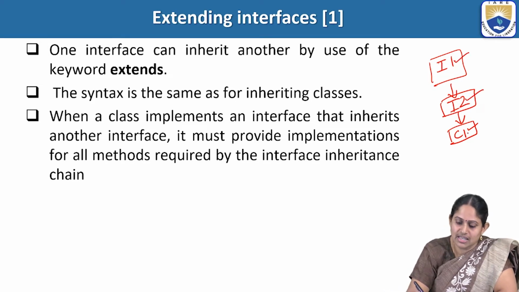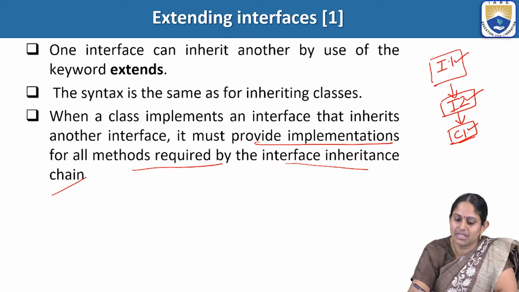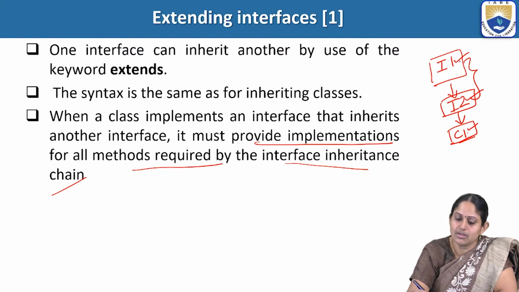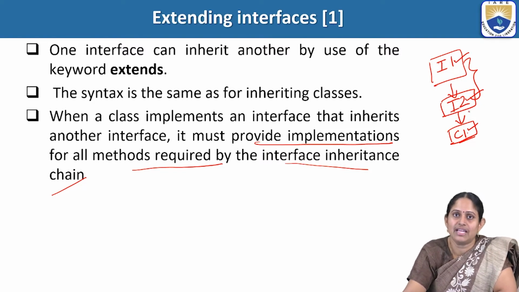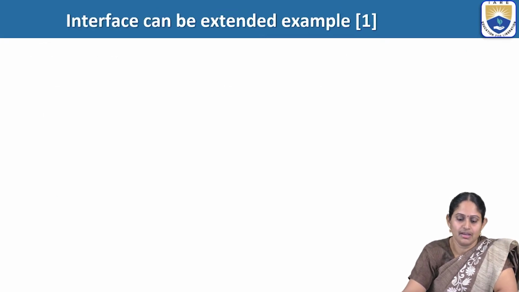It should provide implementations for all the methods required by the interface inheritance chain, because none of these methods have any implementation inside the interface. They have to be given by the class which is implementing those interfaces.